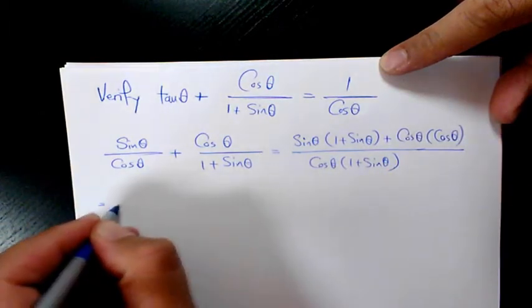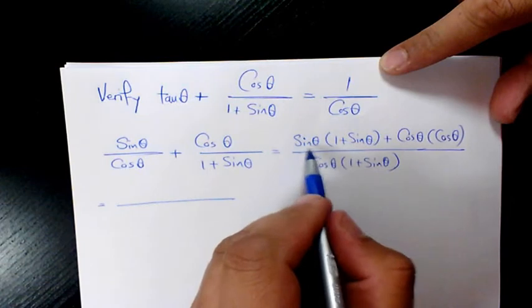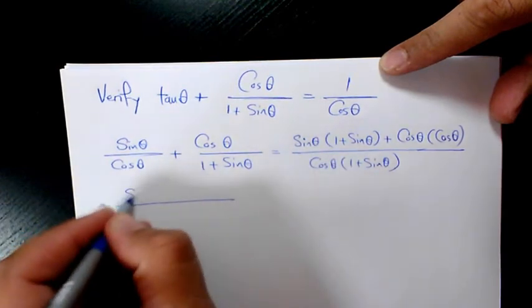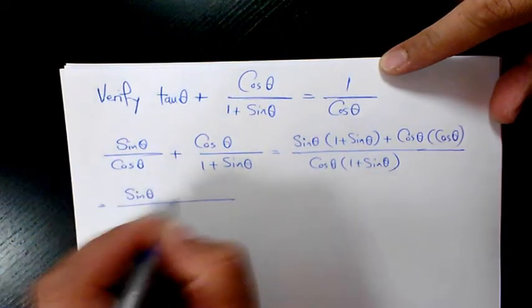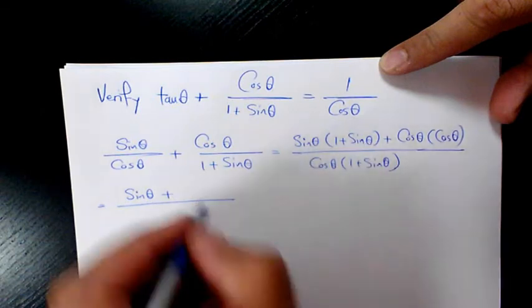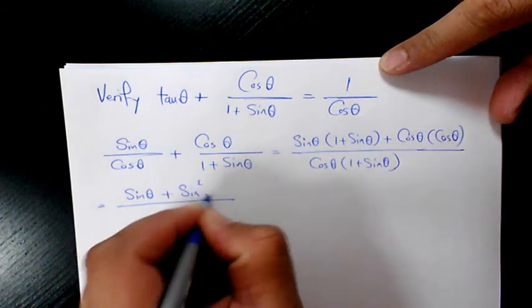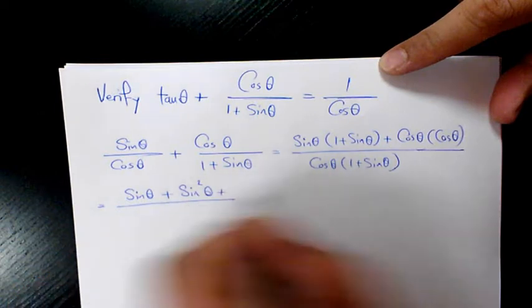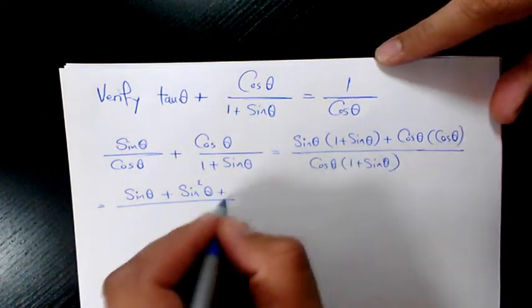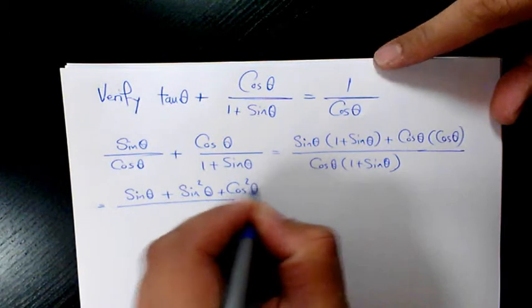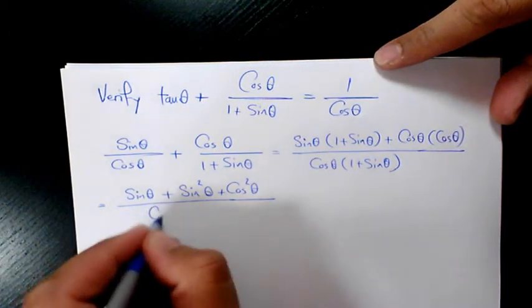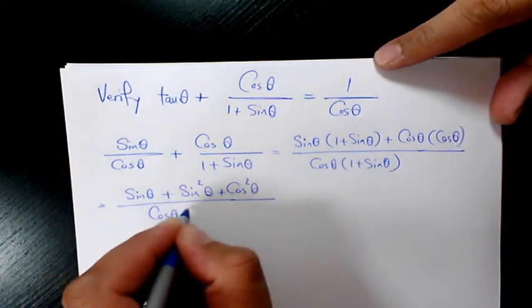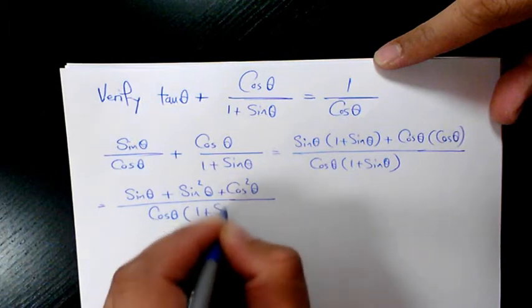So that's going to be sine theta times 1, it is going to be sine theta. Sine theta times sine theta is going to be sine squared theta. Plus cosine theta times cosine theta is going to be cosine squared theta over cosine theta times 1 plus sine theta.